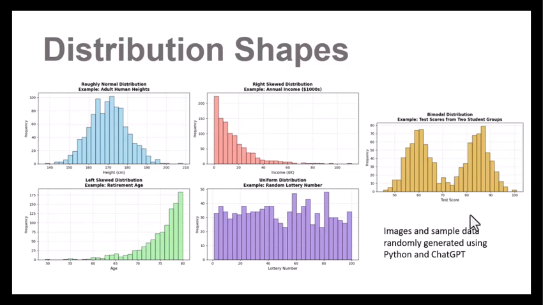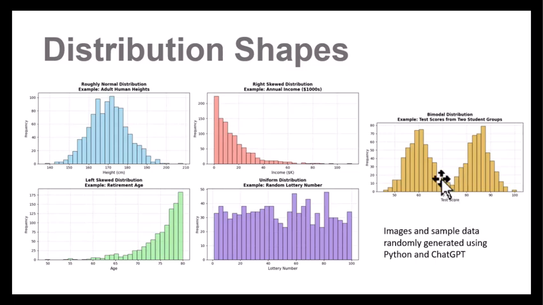The reason bimodal distributions are important to consider is that they typically represent data from two separate populations that are being mixed together. So the example here was test scores from two different student groups. Maybe high school students took the same test, and one group took it in their freshman year and one group took it in their senior year.